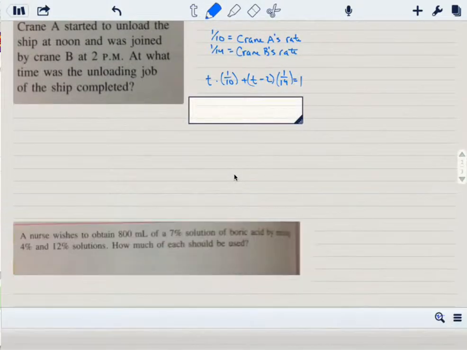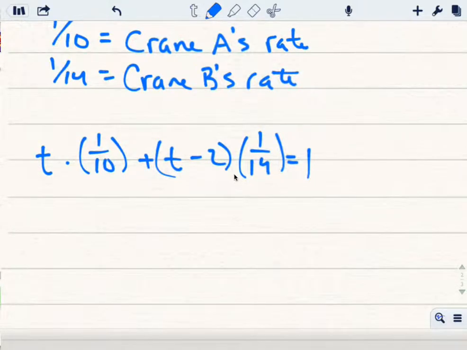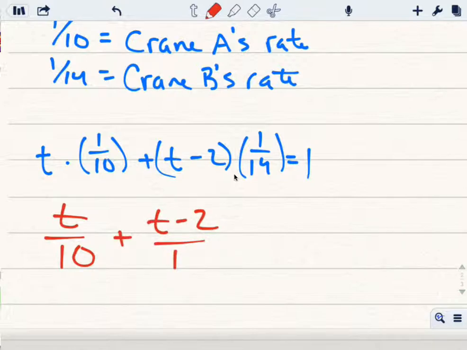Okay, so let's solve that. Let me rewrite that a little bit. That's t over 10 plus t minus 2 over 14 is equal to 1. We want to multiply by the least common multiple. The least common multiple is 70.